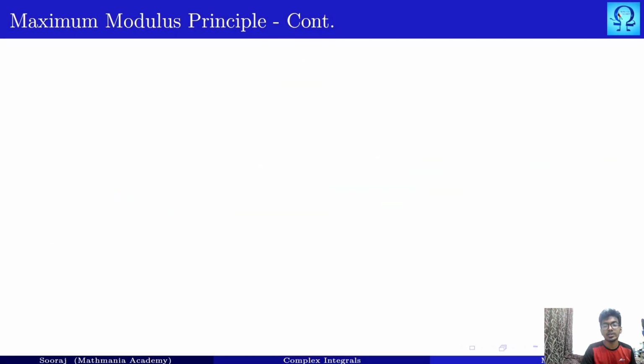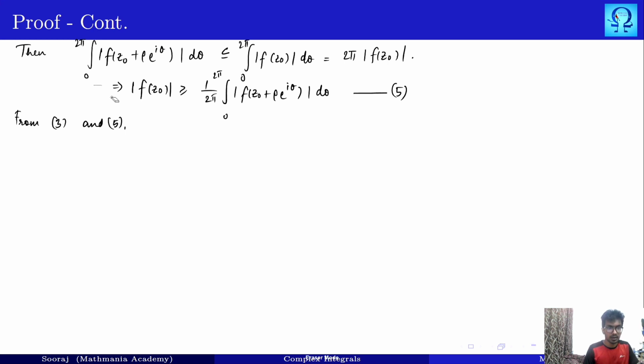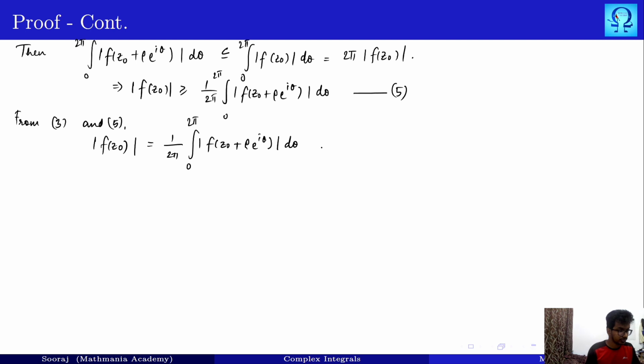So using equation 3 and 5, we can just write absolute value of f of z naught is equal to 1 upon 2 pi times integral 0 to 2 pi absolute value of f of z naught plus rho e power iota theta d theta.